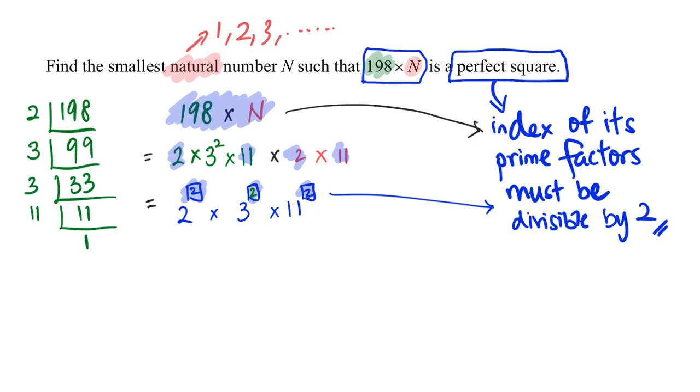And all the powers can now be divided by 2. So from here, we can realize that n is actually 2 times 11, which is equal to 22. And we have found the value of n.